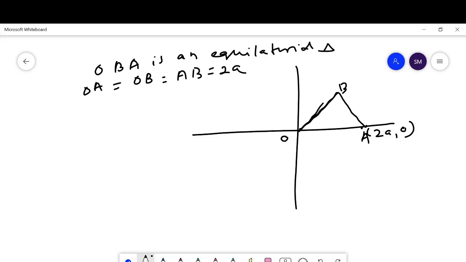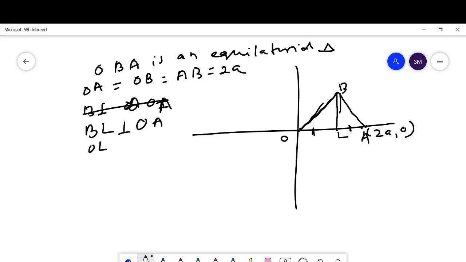BL is the perpendicular to OA, meaning the length of OL is equal to LA. BL is the perpendicular bisector of OA.